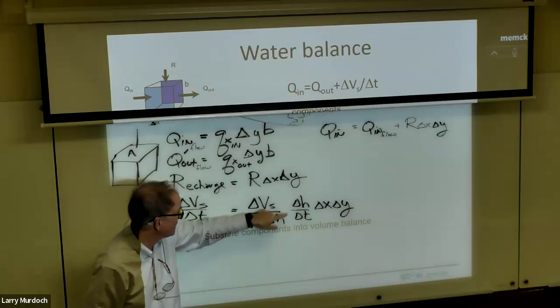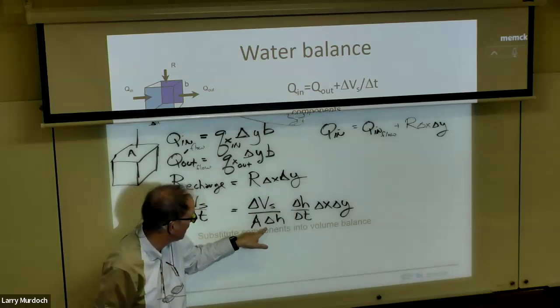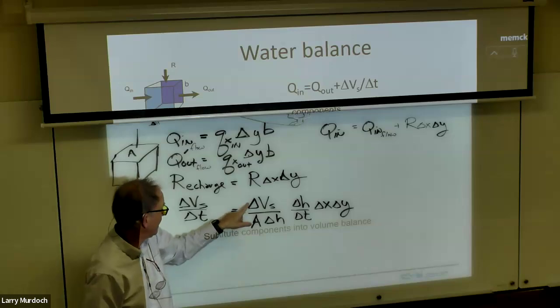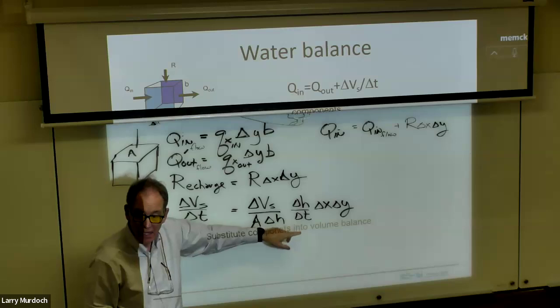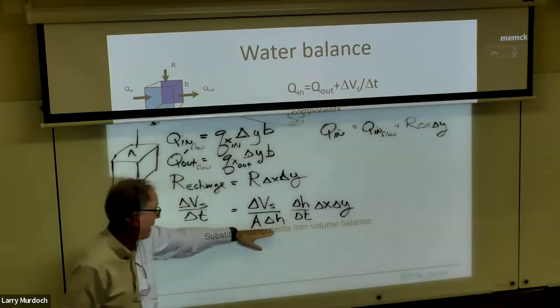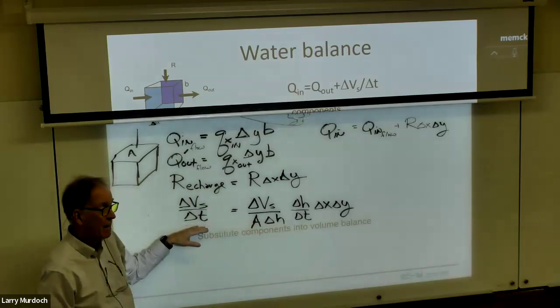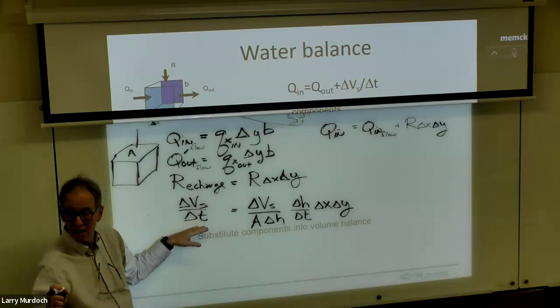And that delta H is the same as that delta H, so those two cancel out. And you get the change in volume stored for time. Okay, everybody good with that?